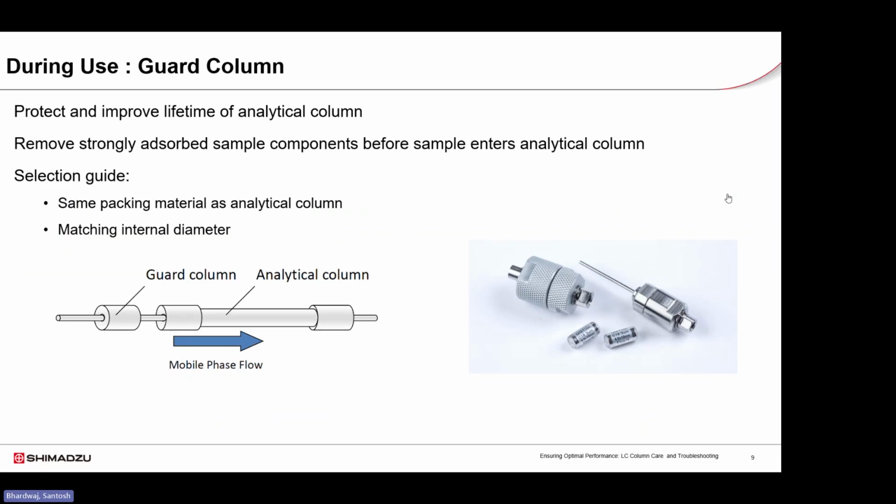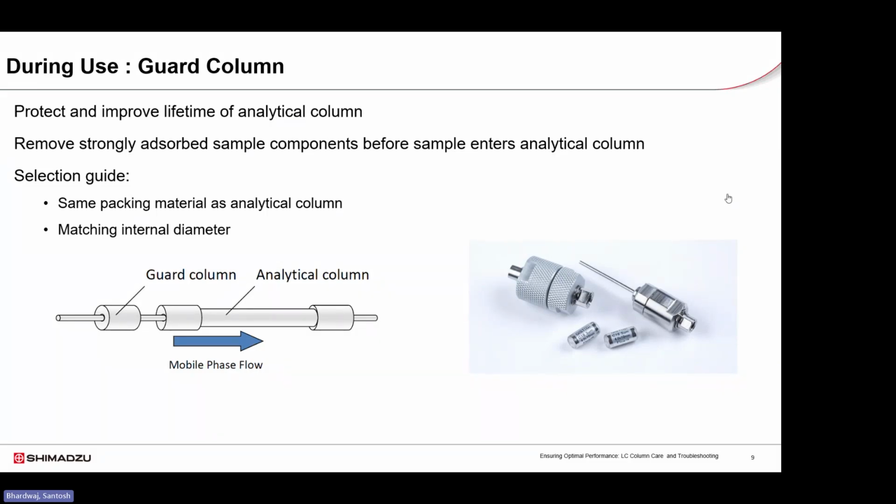While we talk about column use, the guard column plays a critical role in protecting the analytical column. The guard column traps strongly retained sample components and matrix contaminants before they reach the main analytical column, helping prevent damage and maintain performance.